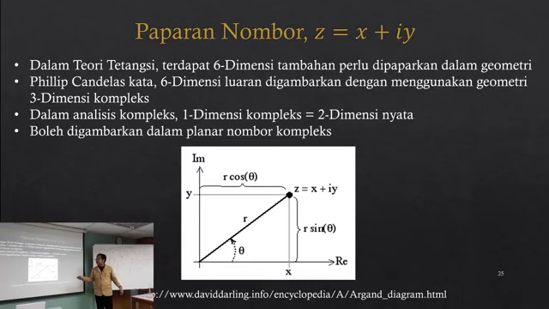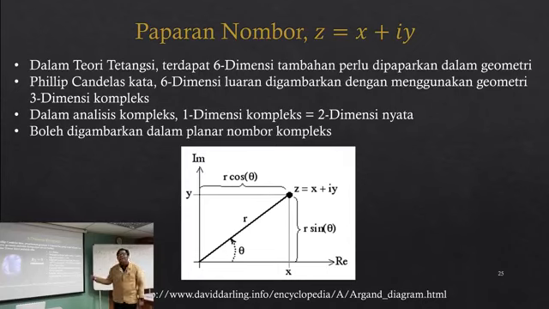Dia nak imagine 6 dimensi ni kepada 3 dimensi kompleks saja. Inilah gambar dia. Okay? We know that it's a real axis, it's an imaginary axis. So once we get one point here, this is a combination of the real part and imaginary part. So this is actually dia punya 1 dimensi kompleks sama dengan 2 dimensi nyata.